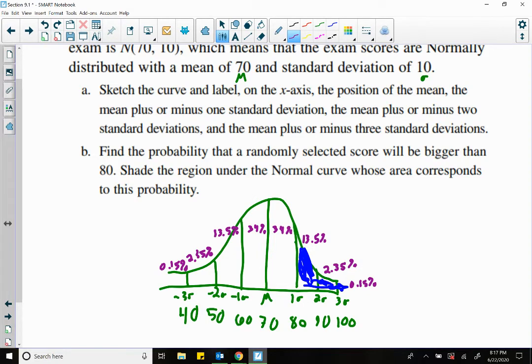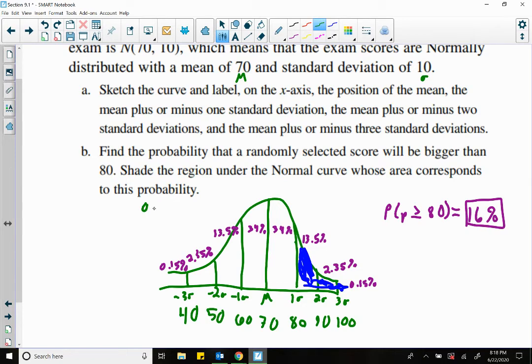You're going to hit the greater than sign, because what you're looking for is the probability that we are greater than or equal to 80. So you'll put in the greater than sign, you'll put in the 80, and then you hit calculate, and it pops up right here what the answer is. So if you take 13.5 plus 2.35 plus 0.15, you get 16%. And that's what they're looking for in Part B.